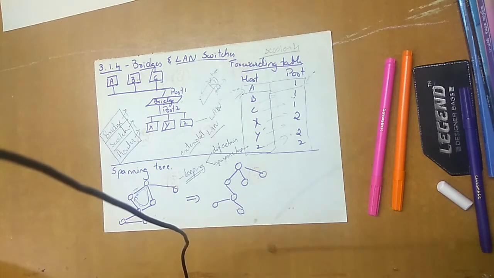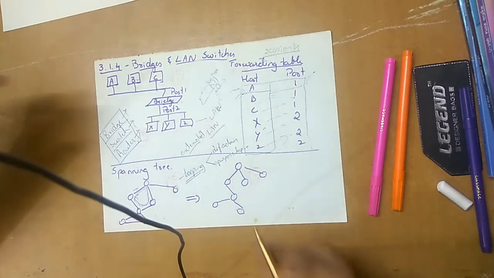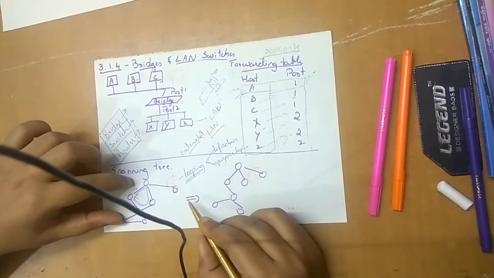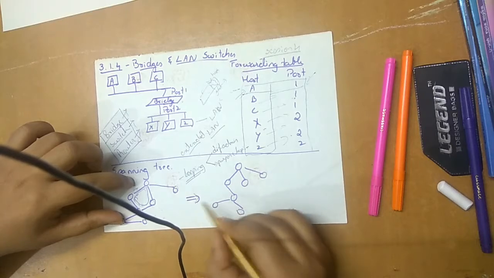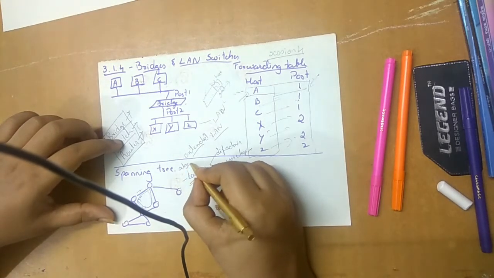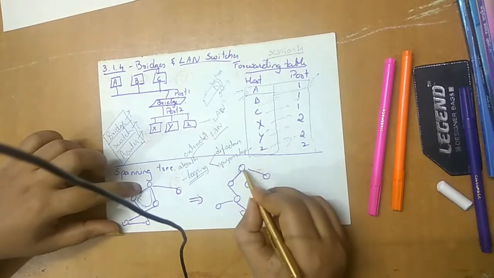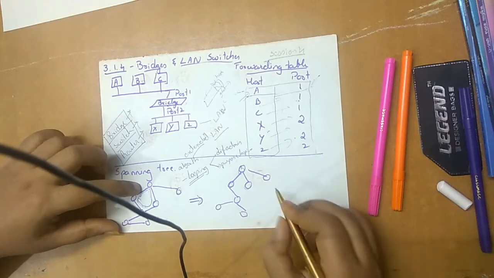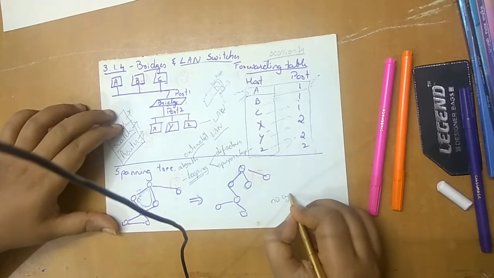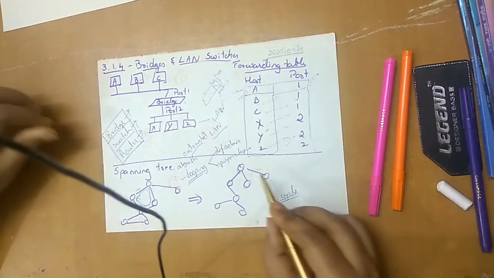So what it means is, we have to construct a network in such a way that there is no loop. The same network, when we construct with the spanning tree algorithm, if you see, there is no cycle.